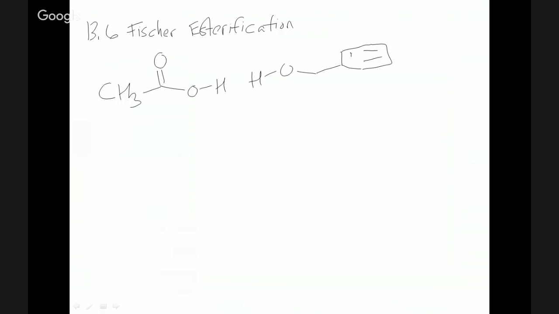Esterification. Again, the terminology isn't so important, but we're going to form esters. So I'll give you a couple reactions here first, and then we'll go through a teaching mechanism. You take a carboxylic acid, alcohol, add H2SO4.